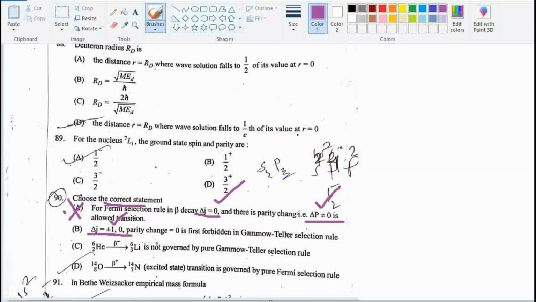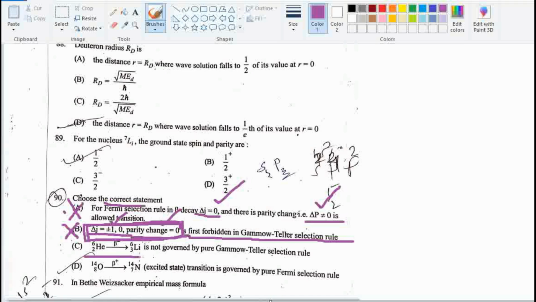Now it is given that it is fast forbidden, which was not correct. These two statements are correct, but if these two statements are correct, it becomes an allowed gamma modular transition, but it is given that it is a fast forbidden gamma modular transition, so this is an incorrect statement.